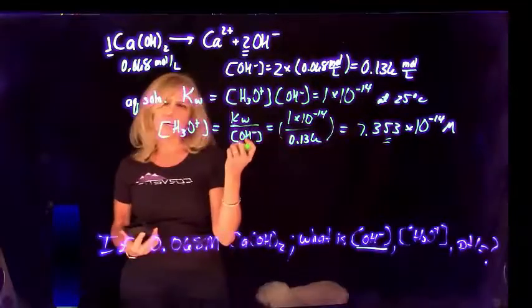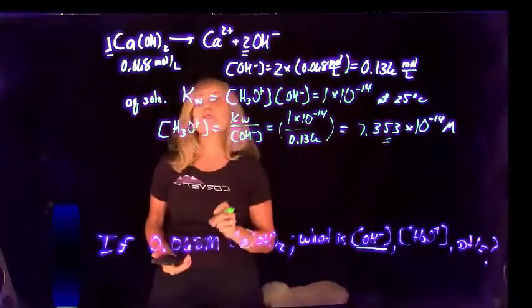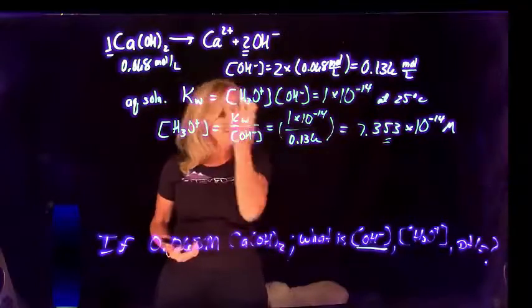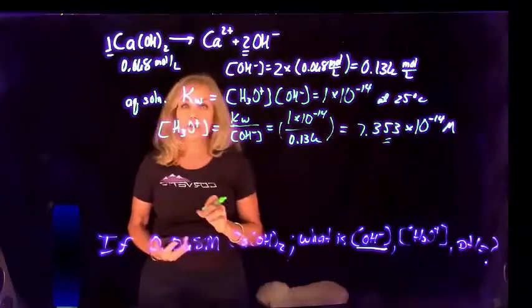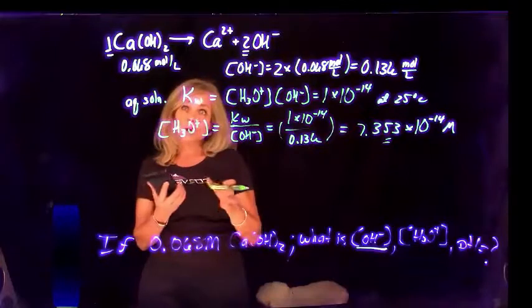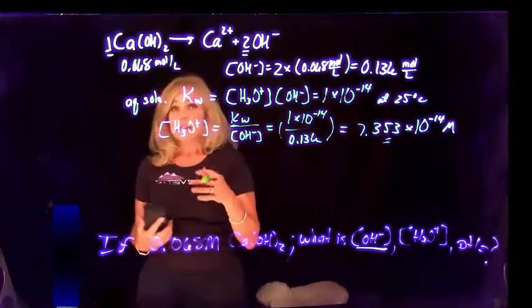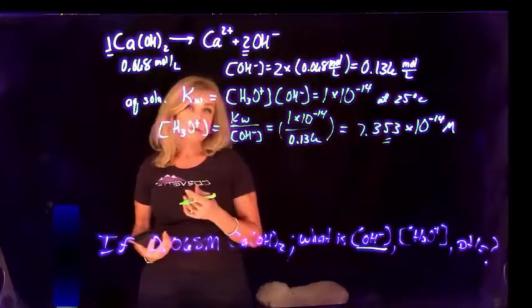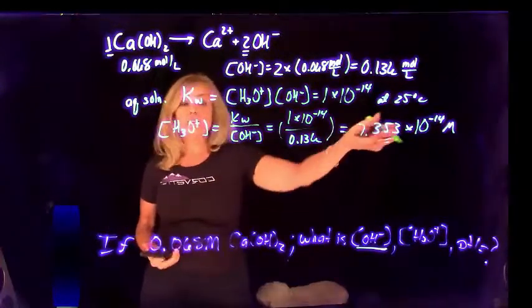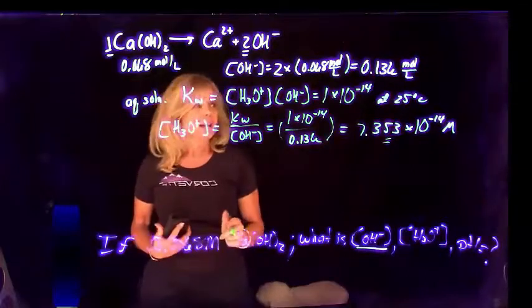So let's think common sense. This is a solution of a strong base. Where do I expect the hydronium ion concentration to be relative to neutral water where it's 10 negative 7? Because there are so many more hydroxide ions than hydronium ions, we would expect a tiny concentration for the hydronium ion, and we have that.